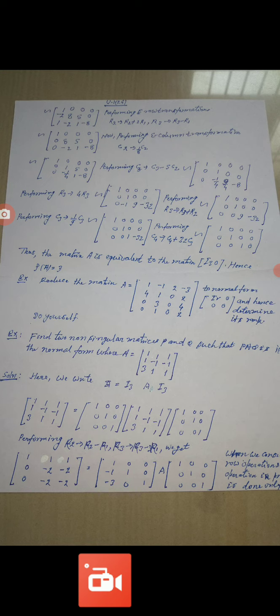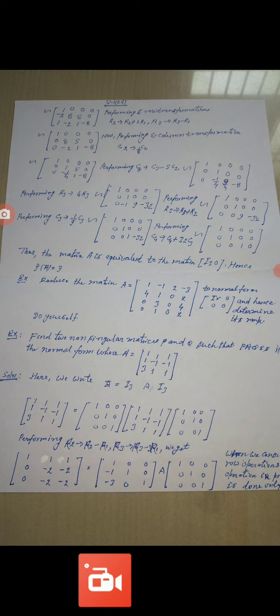So we have 1 1 1 row-wise, second row 1 minus 1 minus 1, third row 3 1 1, equal to 1 0 0, 0 1 0, 0 0 1, and A, first row 1 1 1, second row 1 minus 1 minus 1, third row 3 1 1, and I3, 1 0 0, 0 1 0, 0 0 1.